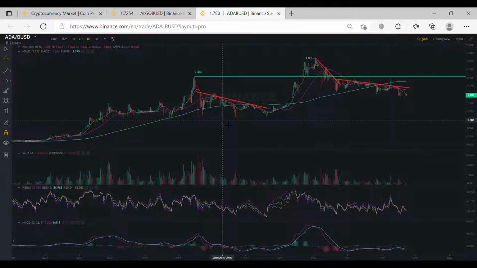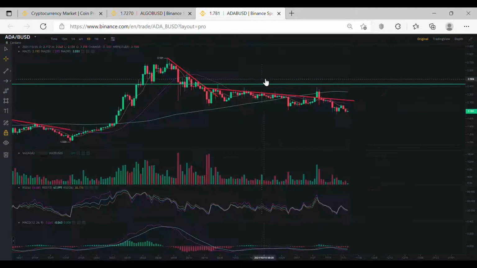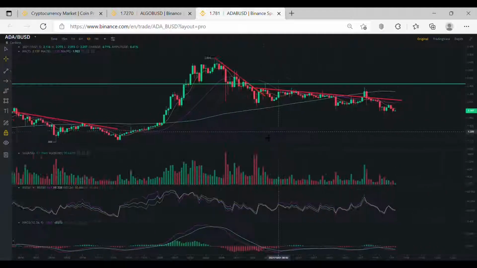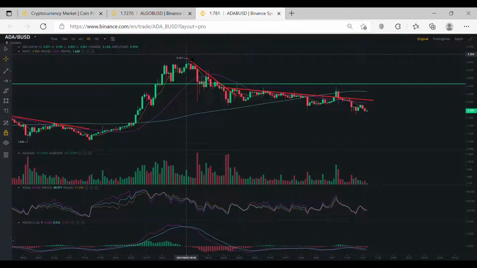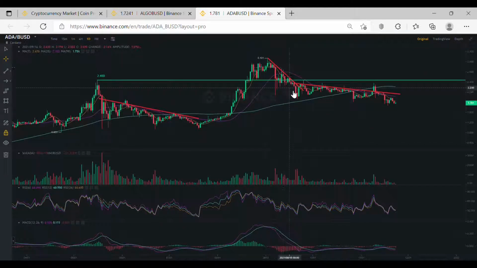Judging by our previous price action, I would reckon that it is probably due for another uptrend. But if we look at the price movement since its all-time high, the price has been on a slow decline until now at about 1.7, and during this downtrend period there is not much activity that we can see.